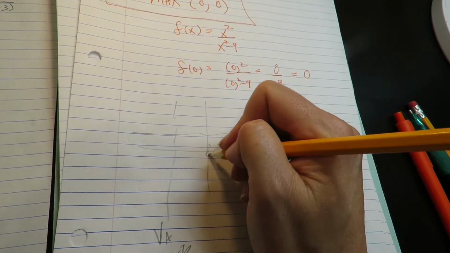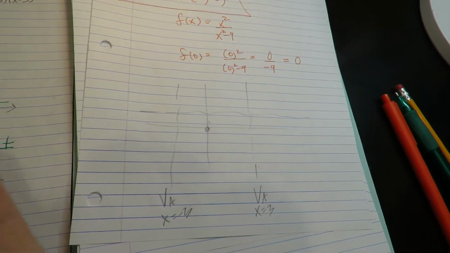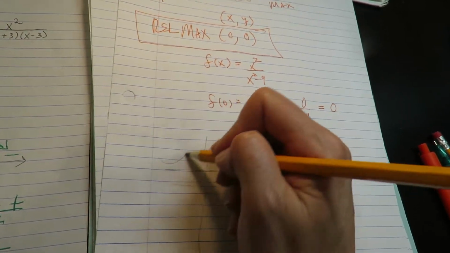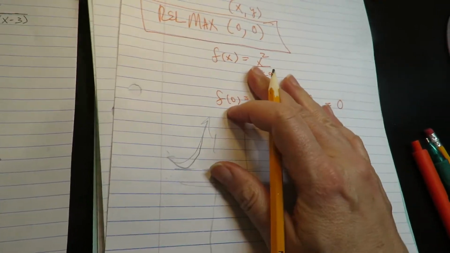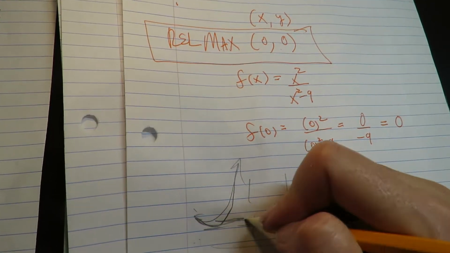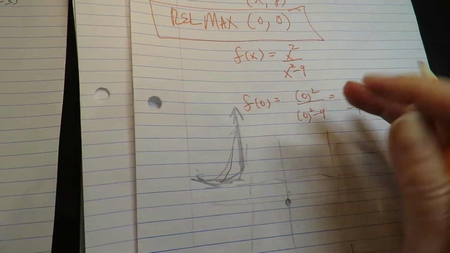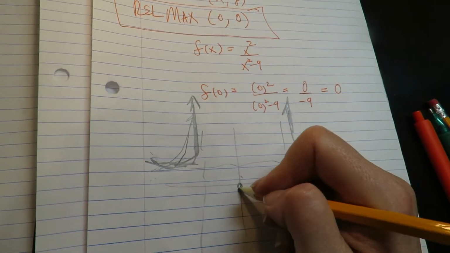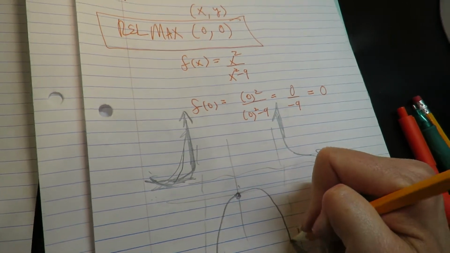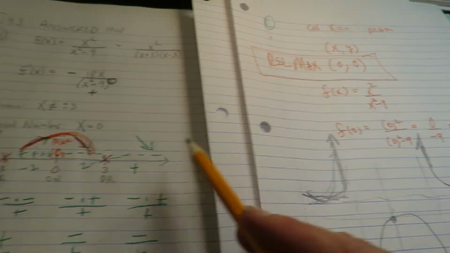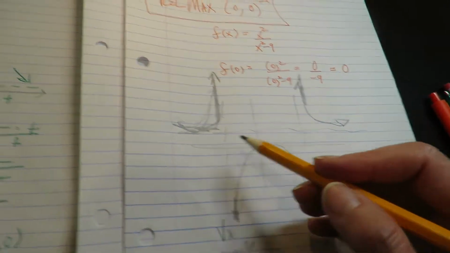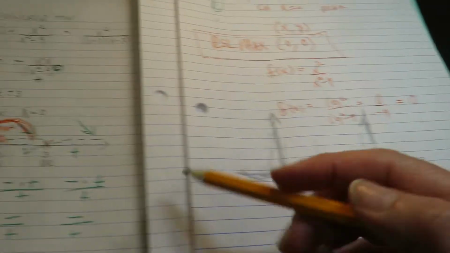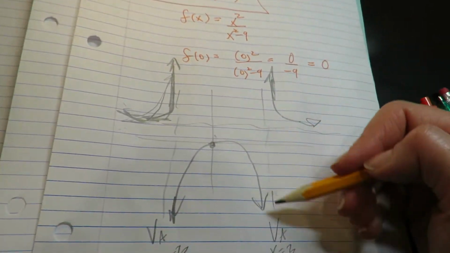So the graph goes up, then the graph continues to go up, but then it starts to go down. Then you hit the domain restriction, which is the VA here, and then the graph goes down.